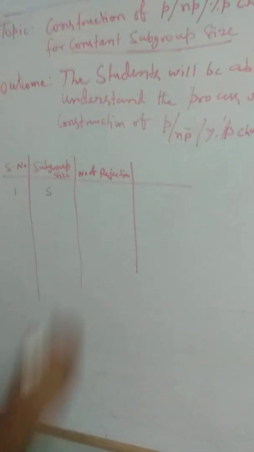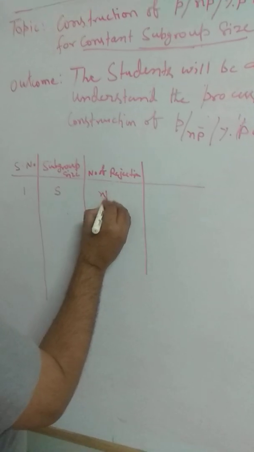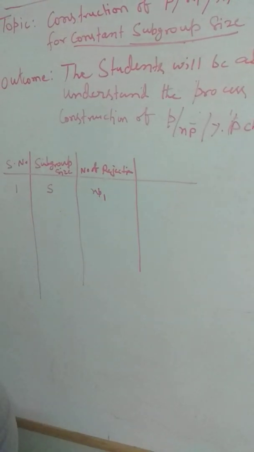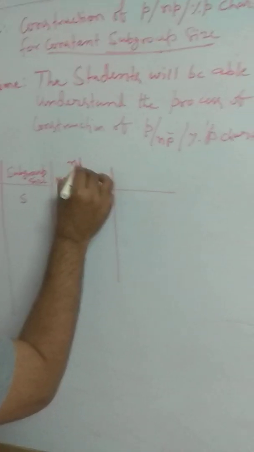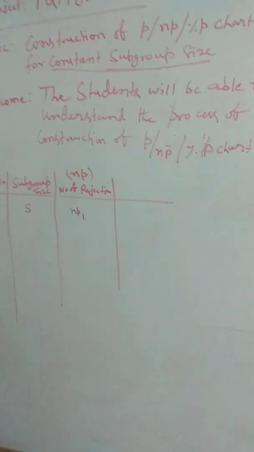Say it is NP1, and number of rejection itself is the NP.